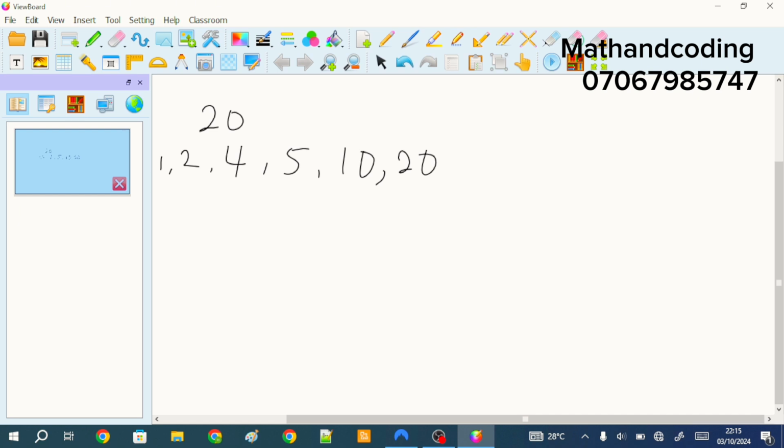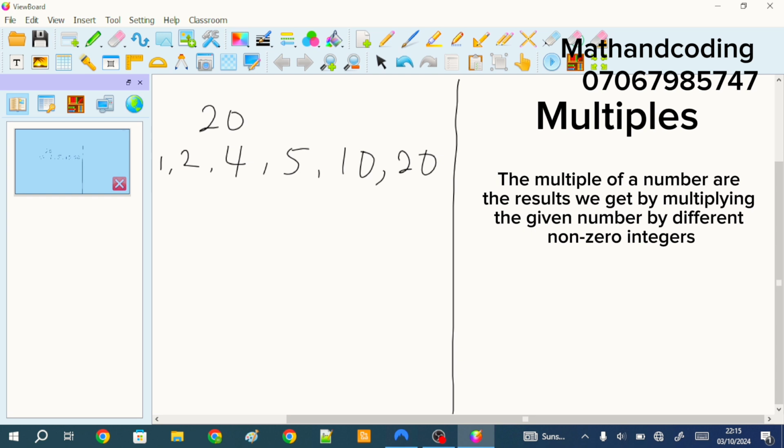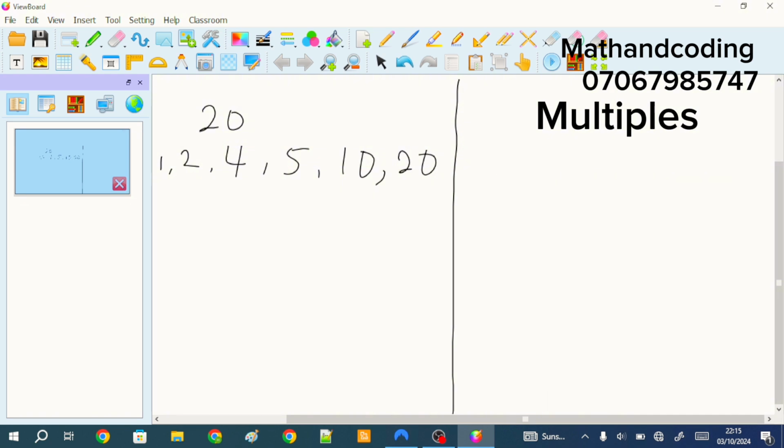Alright, the next thing we will talk about is multiples. Multiples of a number are numbers we get by multiplying a number by different non-zero numbers. These non-zero numbers we call integers. Let's take, for instance, 2. If we multiply 2 by 1, we get 2.